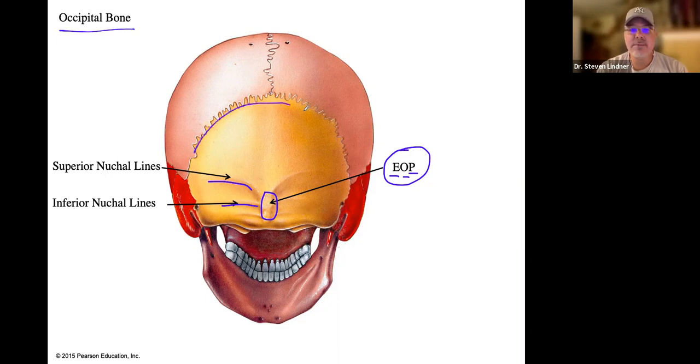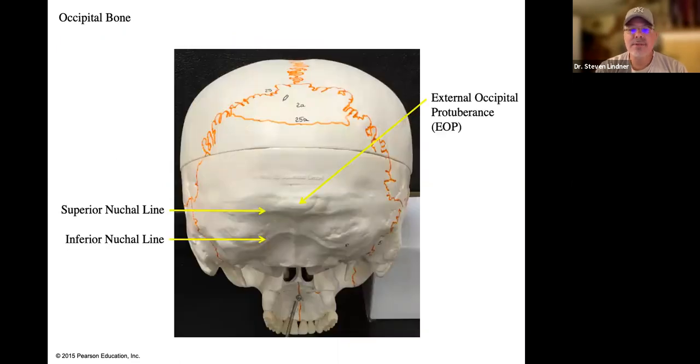Again, we could see the squamous suture and we can see the sagittal suture. On the skull, here's the external occipital protuberance, EOP, that's back here. And again, we can see the superior nuchal line and the inferior nuchal line. Nuchal, it looks like neck, nuchal neck.